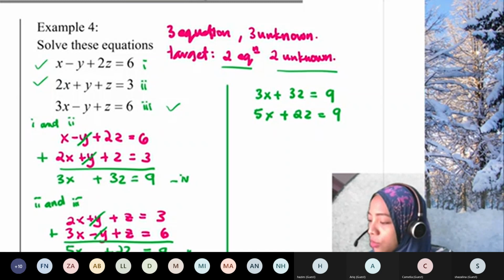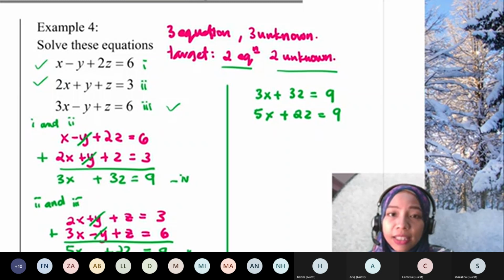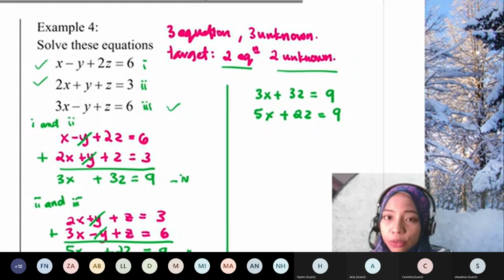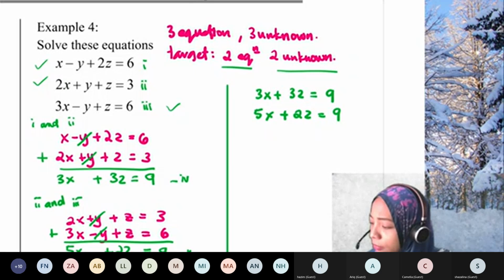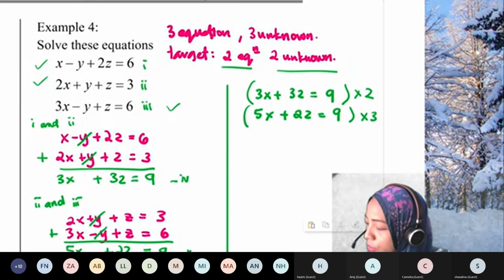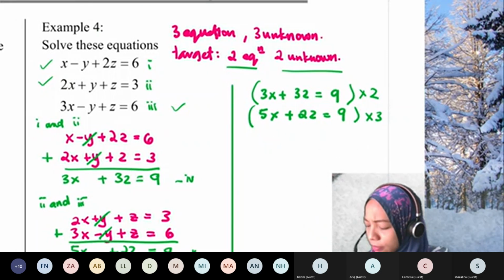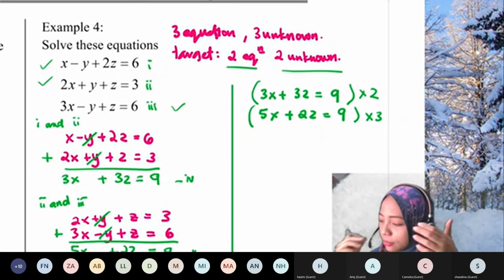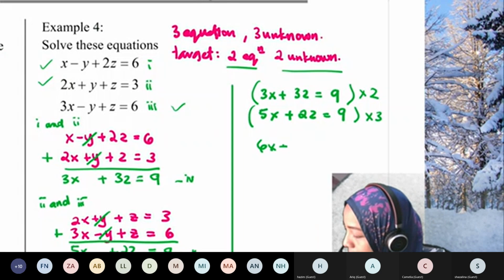Okay, so which one do we eliminate? Neither is the same, so what we do is multiply. If we want to use elimination, we have to multiply this with what? This one multiply with 2, this one multiply with 3. So what you have here is 3 times 2, 6x. 6x plus 6z equals 18.